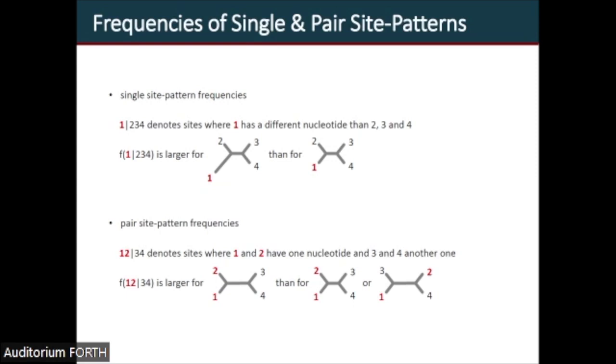Because if they are not paired, we would need multiple mutations to have the case that really 1, 2 have the same nucleotide and 3, 4 another. So this is definitely less likely than if we have them paired directly. And again, if the inner branch is long, it's more likely that we have a mutation there separating 1, 2 and 3, 4.